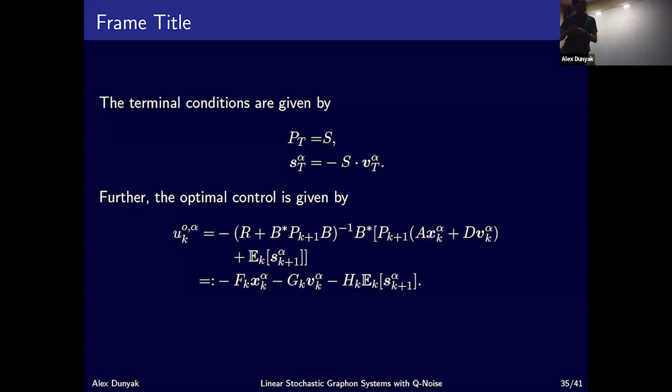So you can, in the most general terms possible, find the optimal control in terms of your local state, the process you're trying to track, and this expectation of the offset process S one step into the future.